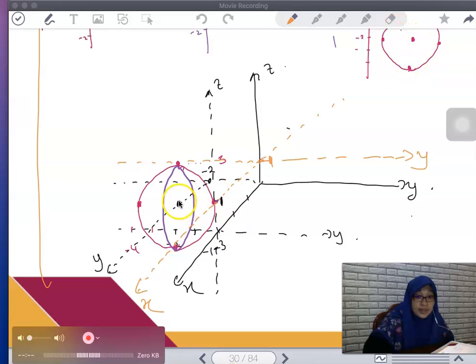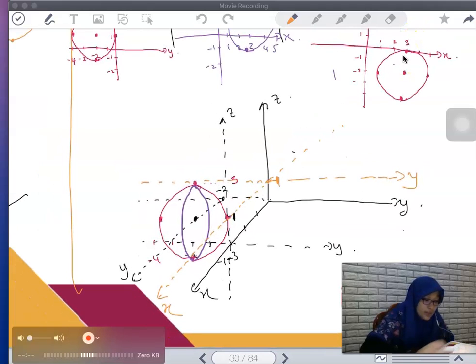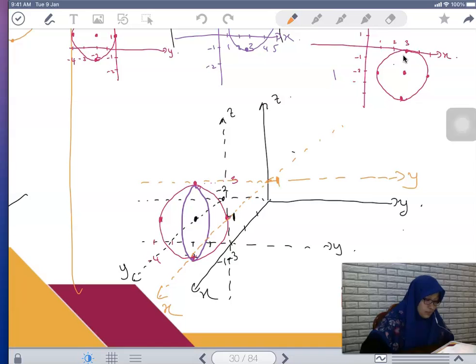So you can see that now you have a circle at z equal to 1. So the center is at 3, minus 2. So this is 3.